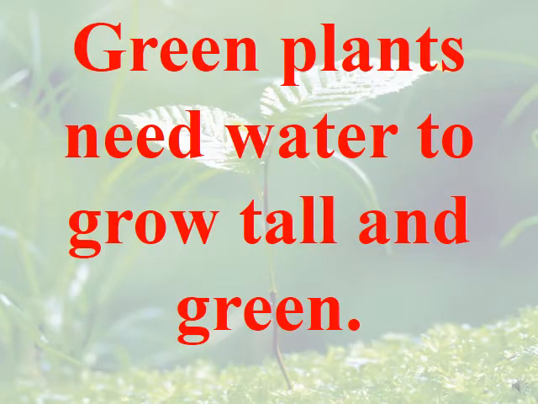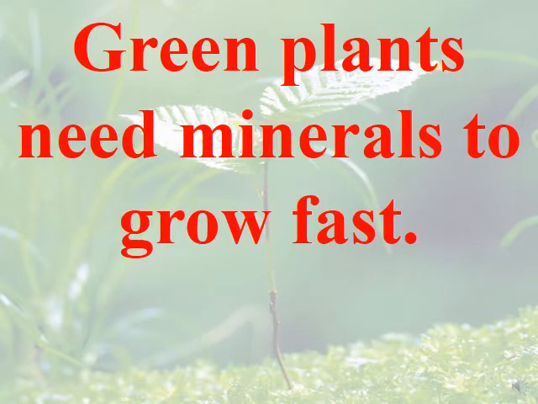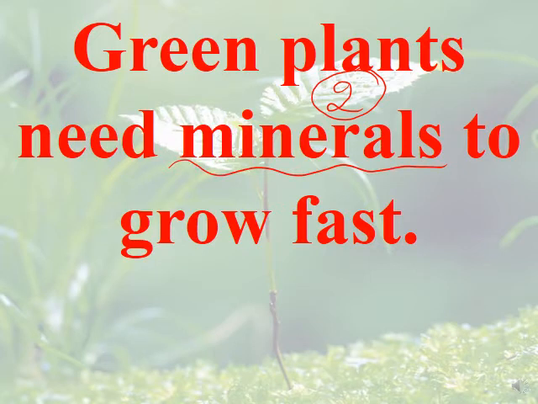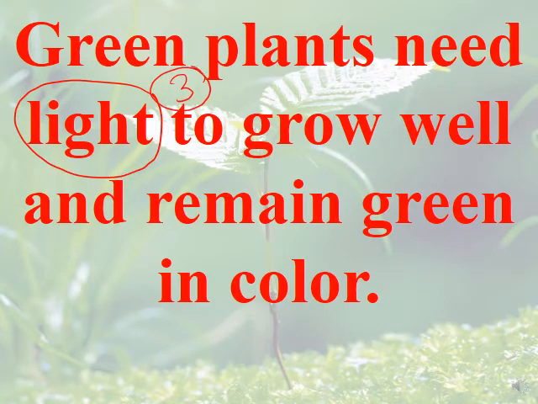Green plants, the first need for the green plant: they need water to grow tall and green. This is the first element. Second, they need minerals in order to grow fast. Third, they need the sunlight or the light in general in order to grow well and to remain green in color.